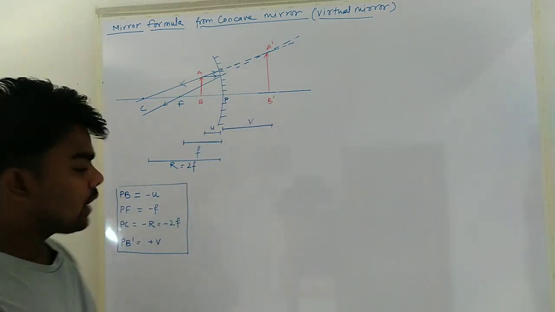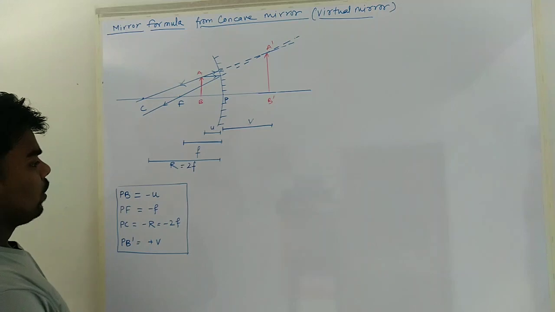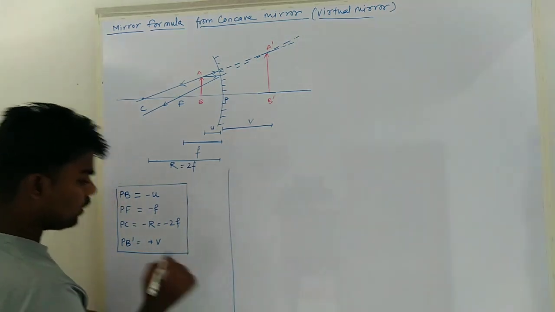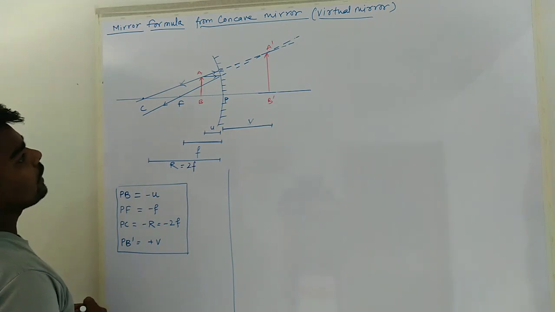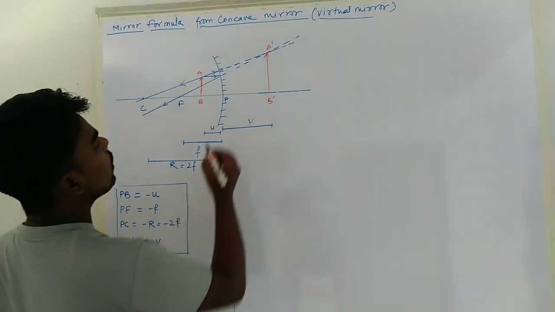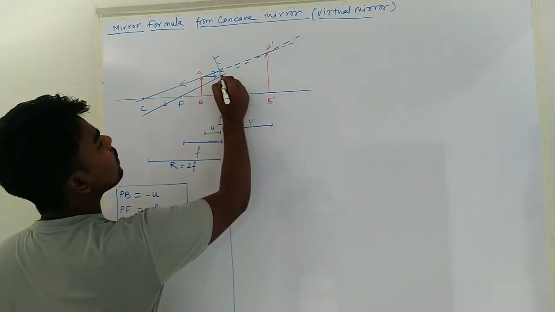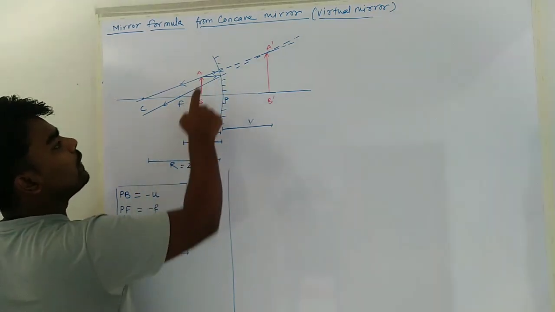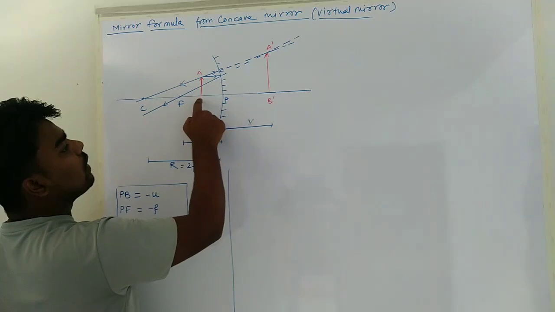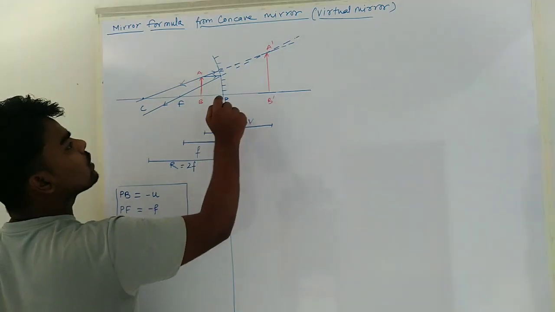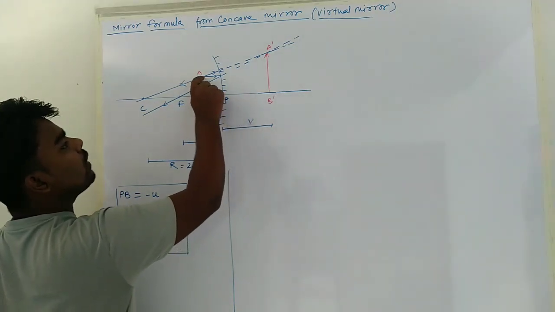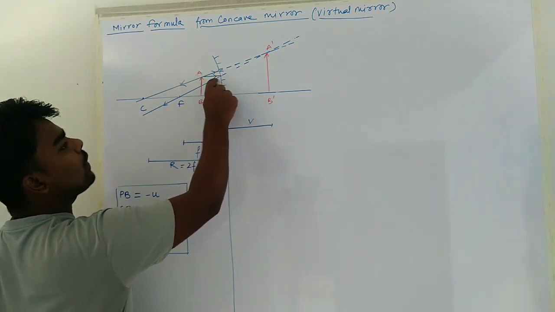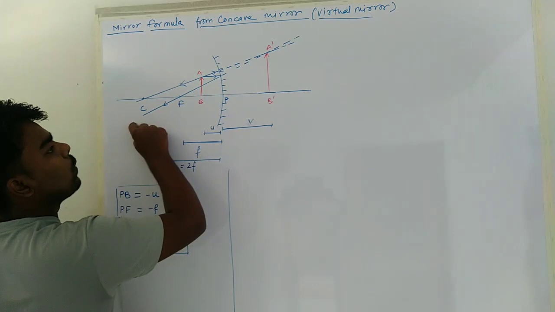So now starting the derivation. First we will draw a line. Suppose this is the point of incidence. Just analyze the ray diagram. This is the object AB, and we have drawn its ray diagram. From the object, one ray from point A goes parallel to the principal axis, and after reflection it passes through the focus.